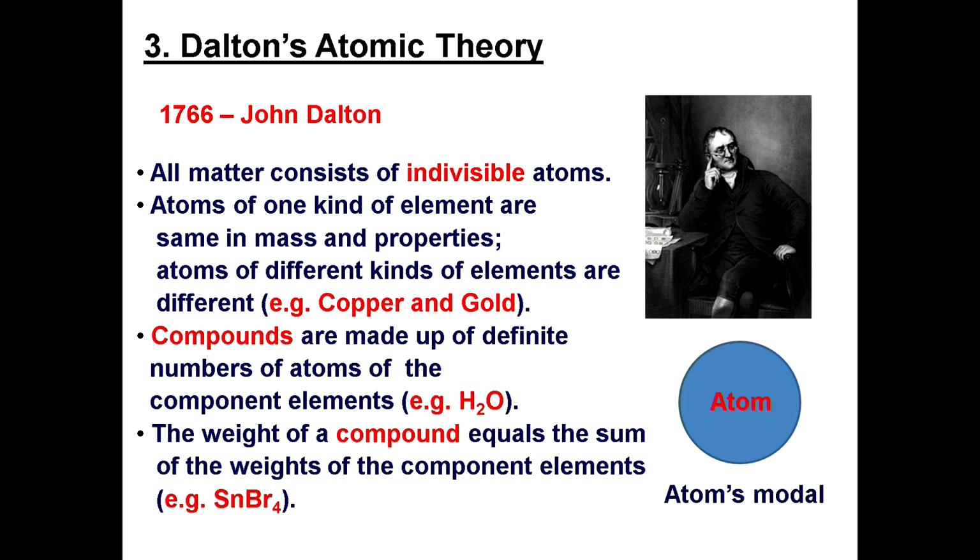So like copper and gold, they have different atoms. And one element is made of only one kind of atom. And the compounds are made up of definite numbers of atoms of the component elements, like water.